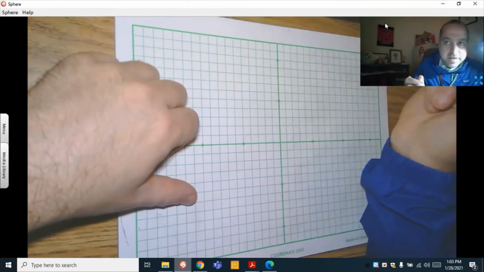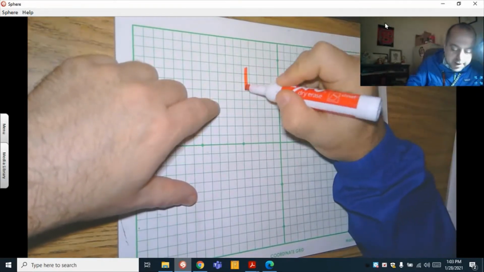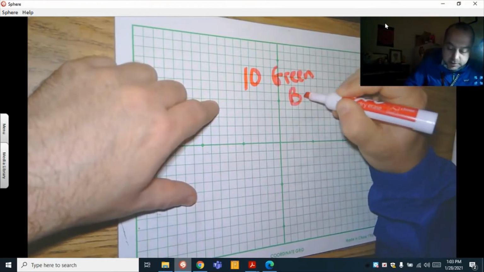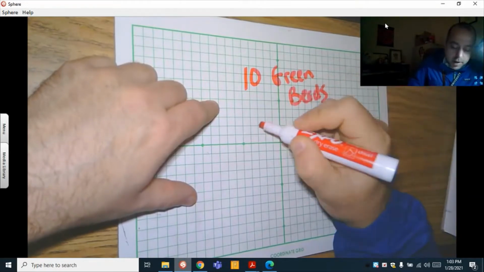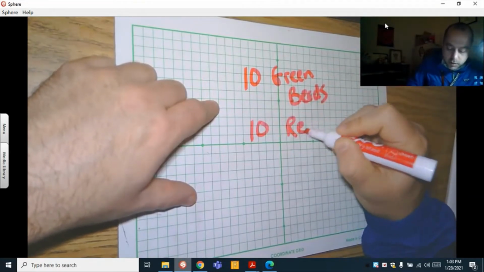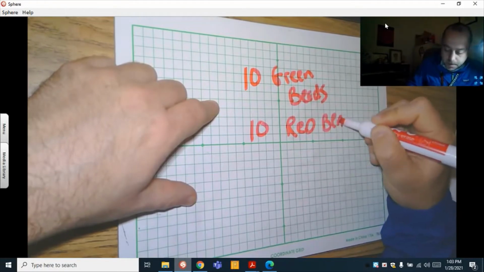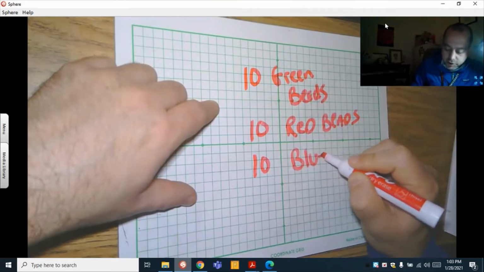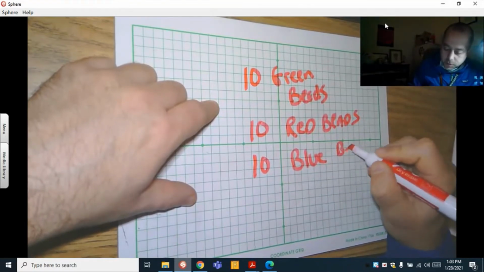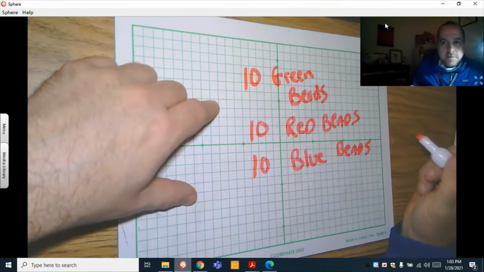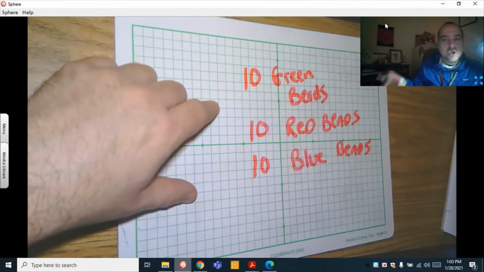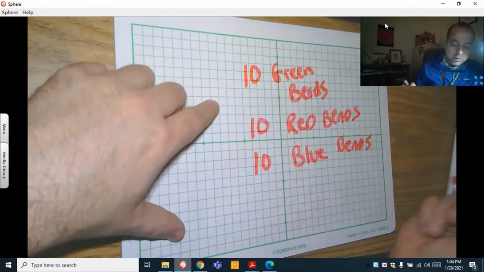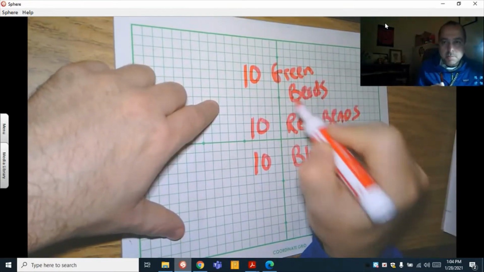And you have 10 green beads and 10 red beads and 10 blue beads, and you're going to string them up on a necklace. What's the probability, if you had all these beads in a bag and you just reach in there right away, and pull out a green bead? What's the probability of getting a green bead?